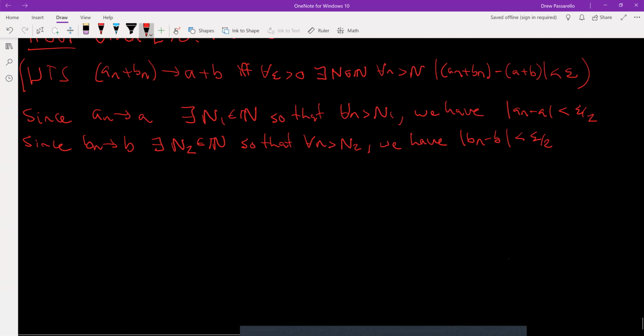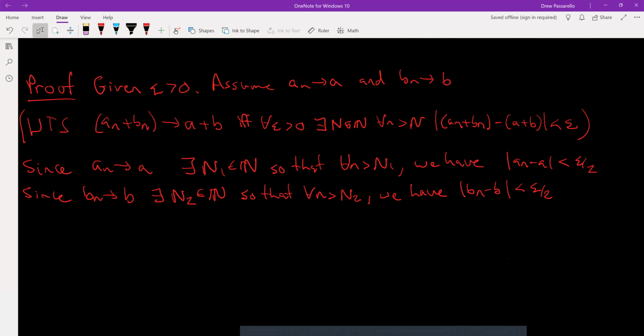All right, so now we have that knowledge, so therefore pick capital N to equal the maximum of N1 and N2.